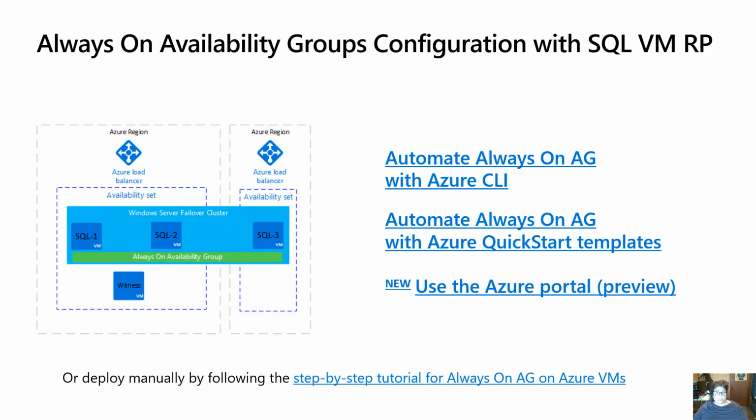Once you've decided which high availability and disaster recovery technology you would like to use, you have different options for how those are configured in Azure. With availability groups, if you have the resource provider, if you've registered your VMs with the resource provider, then we give you some automated ways that you can configure availability groups. You can still configure them manually, kind of the same way as you would do with your on-prem systems.